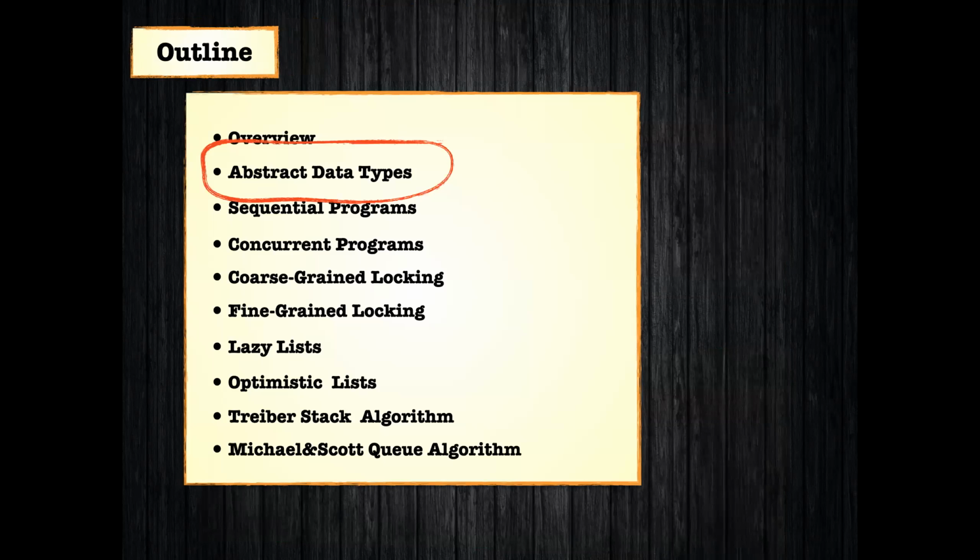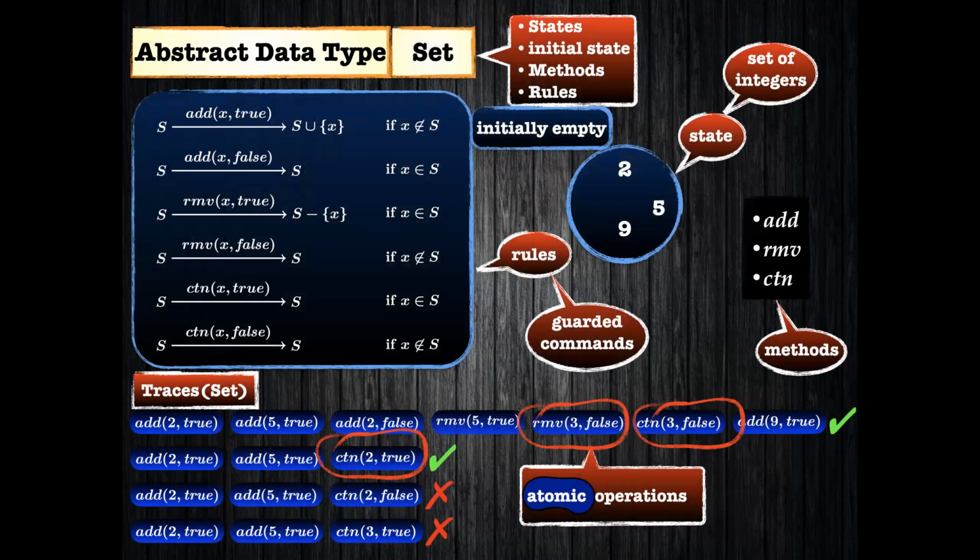Then to specify safety properties, we studied abstract data types, and we looked at several examples. For instance, the set abstract data type, where we had states, each of which is a set of integers. You have an initial state where the set is initially empty, and then a set of methods: add, where you add a new element to the set if not there; remove, where you remove an element from the set if there; and contain, which returns true or false depending on whether the element is there or not.